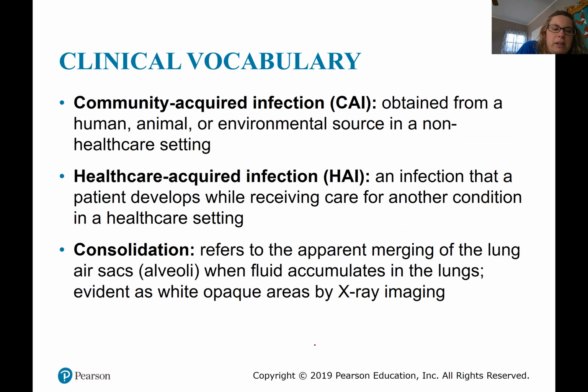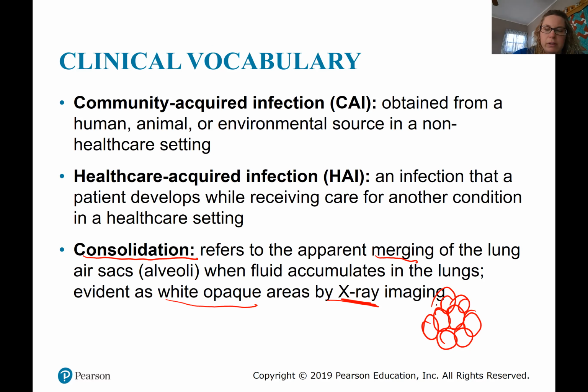So consolidation is basically when you look on the x-ray, you see white shaded or kind of opaque areas on the x-ray. You're going to see basically the merging of the alveoli sacs. So here we have kind of like a cluster of grapes, the normal alveolar sac, and you have the bronchiole coming in.